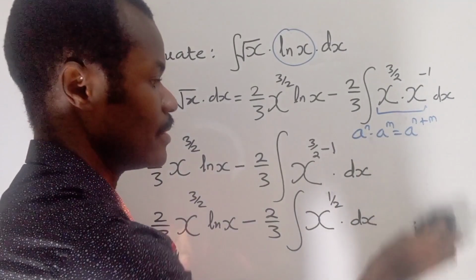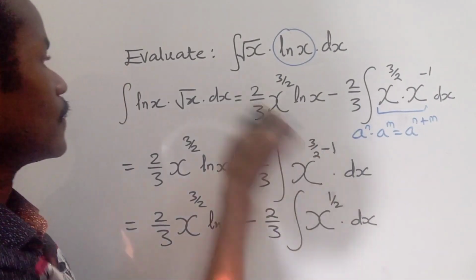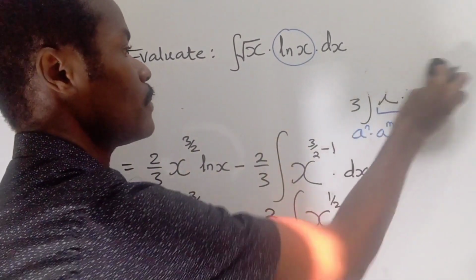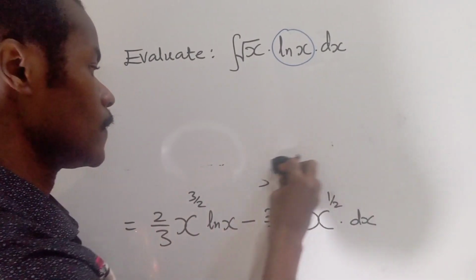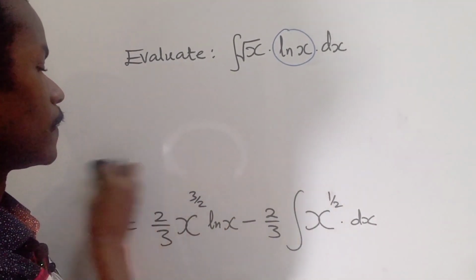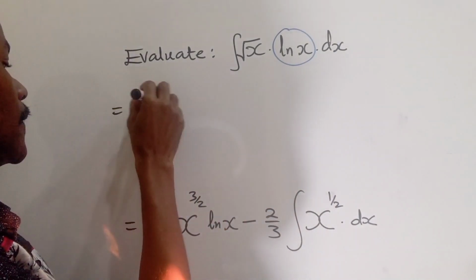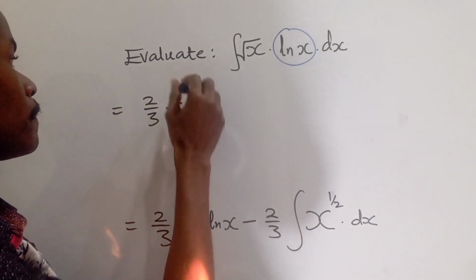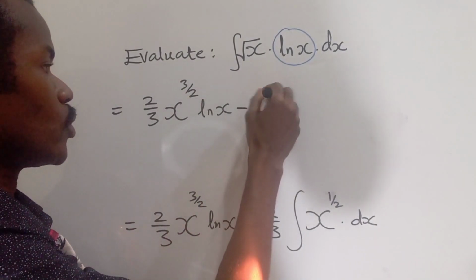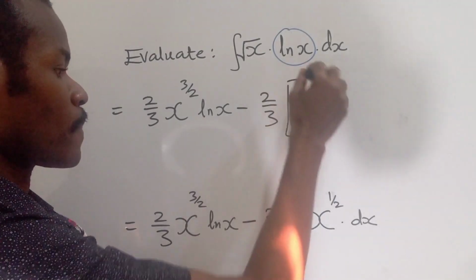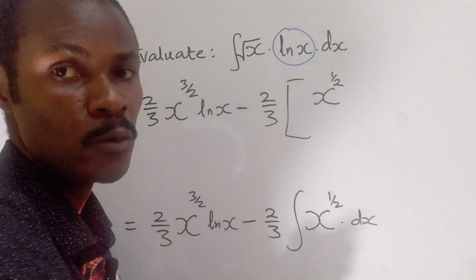From that, we can now do the integral of this part. Let's work on the integral of that part to see what our final solution is going to be to this question. The integral of this part is simply going to be 2/3 out here, and for this we are simply going to use the power rule.